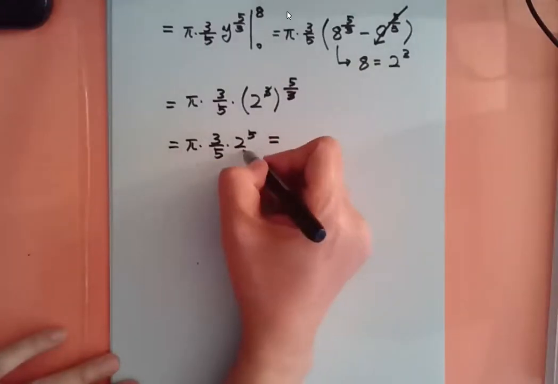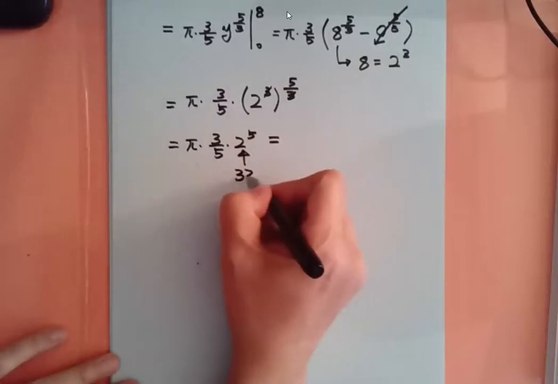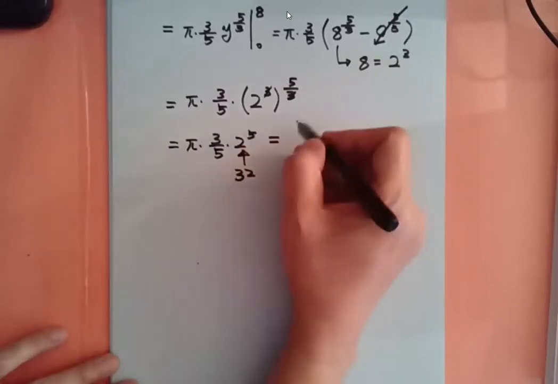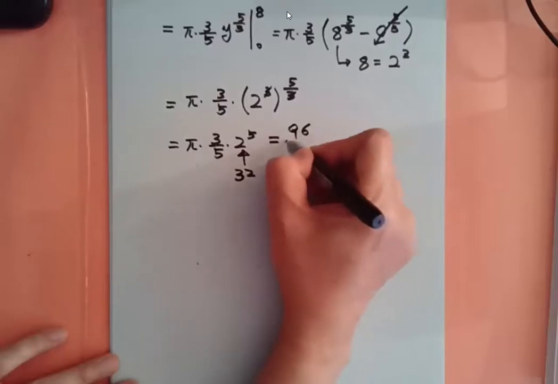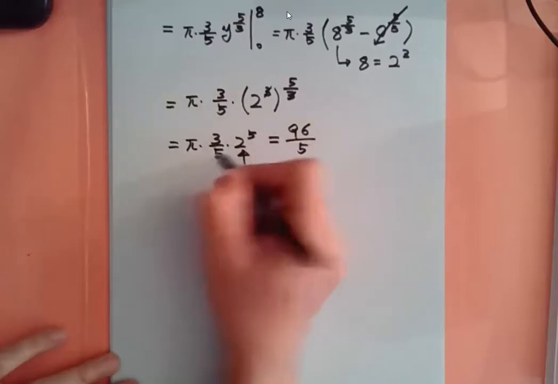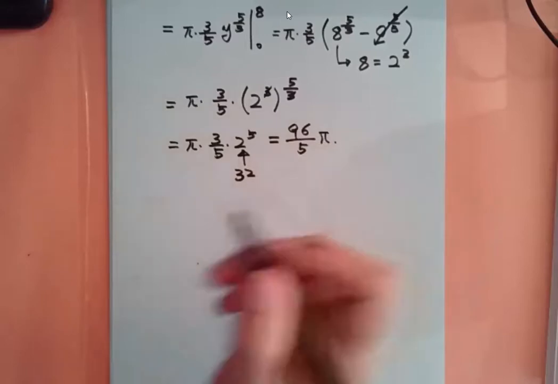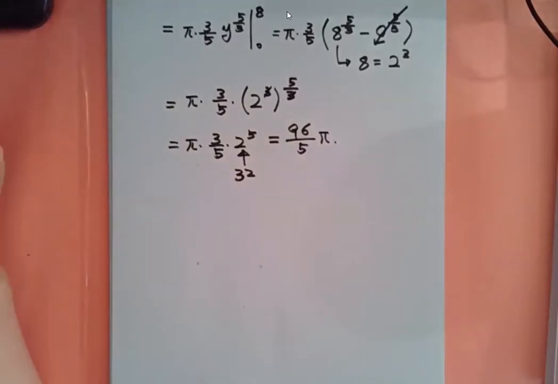And so this one is 32, and you multiply it to make 96. The denominator is 5 pi. Any question?